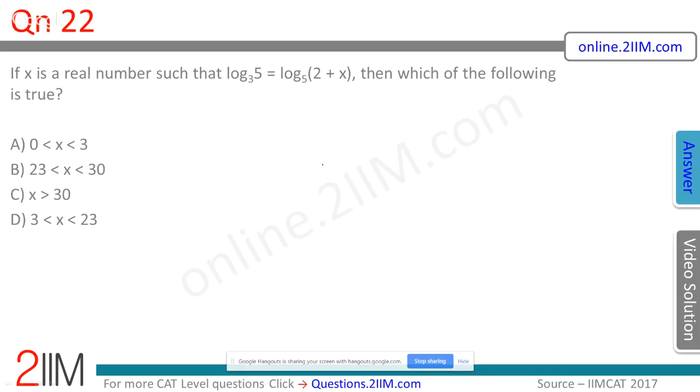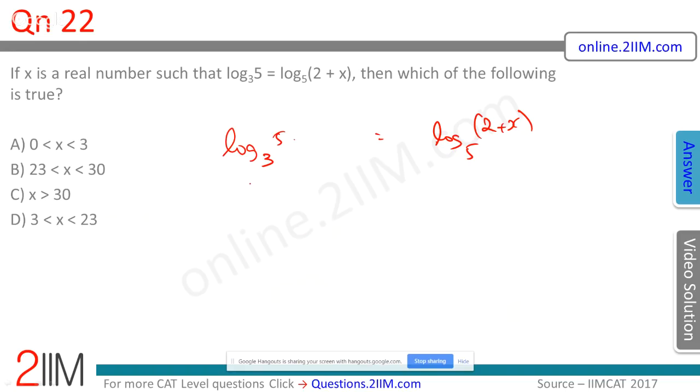x is a real number such that log 5 to the base 3 is log of 2 plus x to the base 5. Then which of the following is true? Let's think about this.